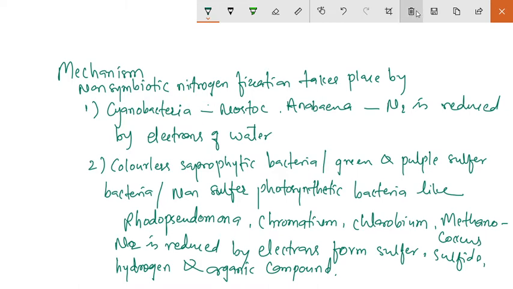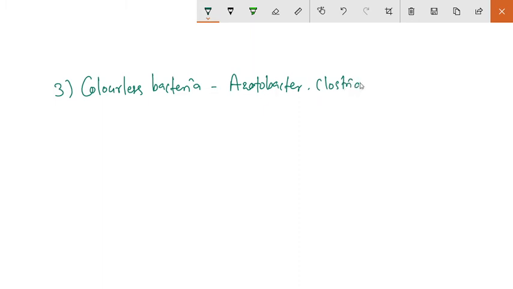आता या ठिकाणी हे third जे आहे, तर या ठिकाणी these are the colorless bacteria. Colorless bacteria like Azotobacter or the Clostridium.